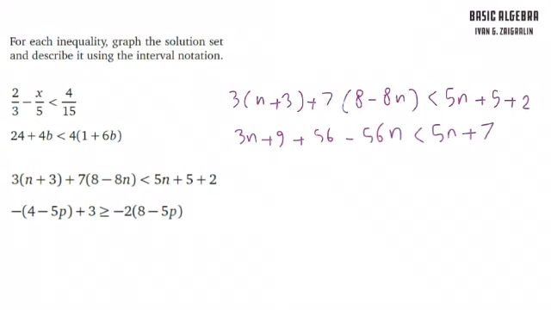So 3n and negative 56n are like terms, and 9 and 56 are like terms too. So negative 53n plus 65 is less than 5n plus 7.